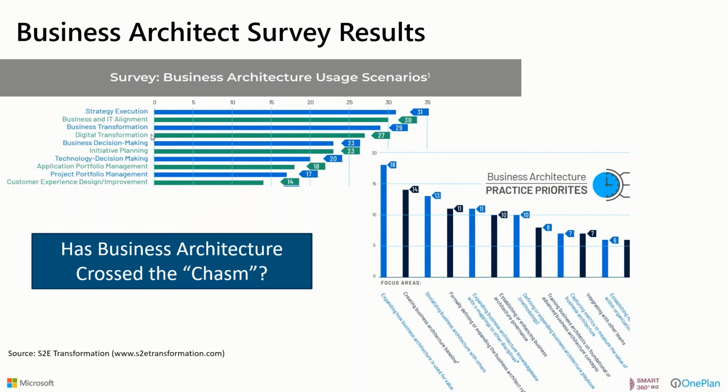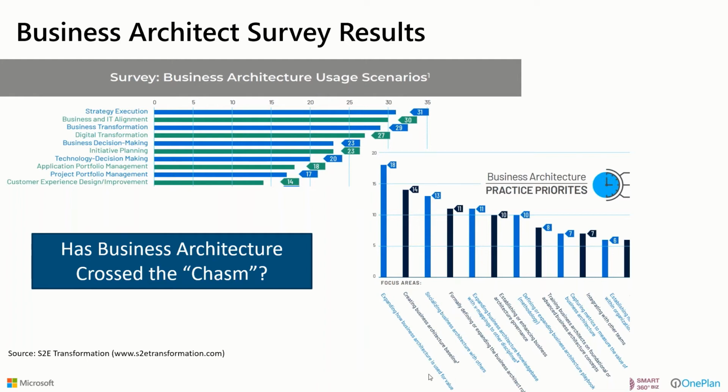business agility and how organizations have to move faster by being able to again execute and deliver value to their customers. In terms of the focus areas where we need to improve, or where business architecture is heading, creating a business architecture baseline, formally defining the role of the business architect.